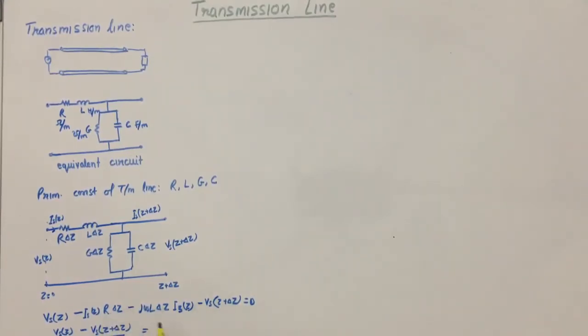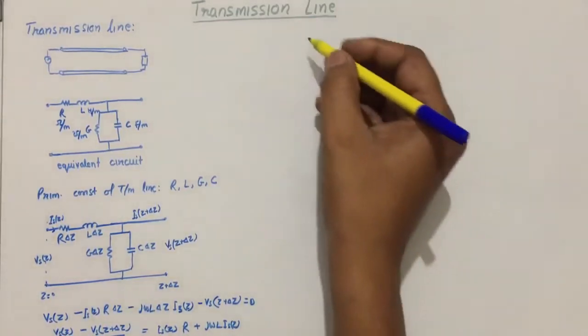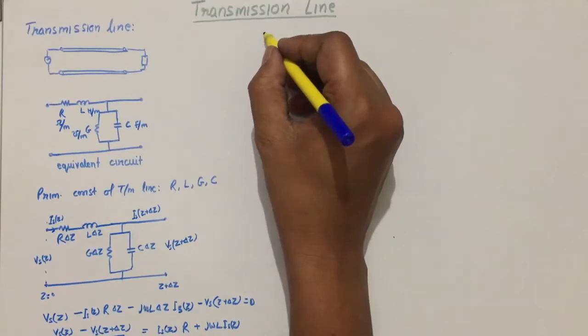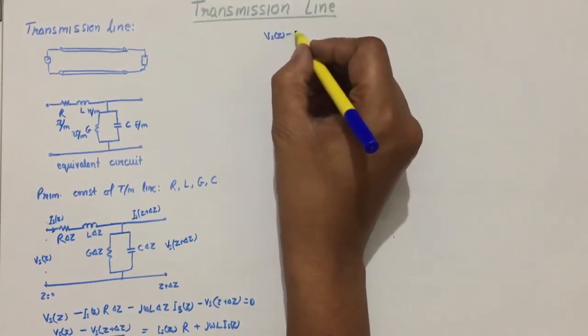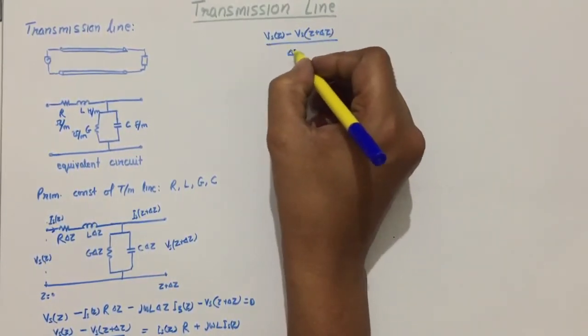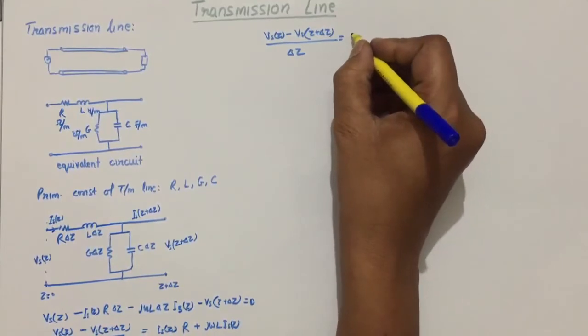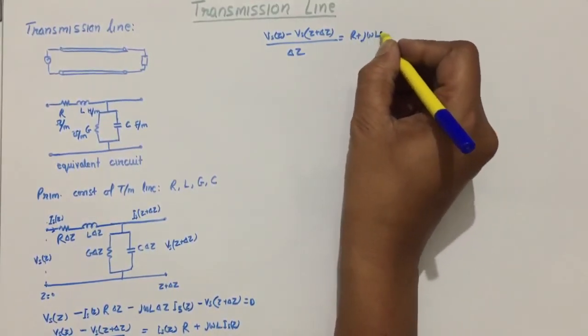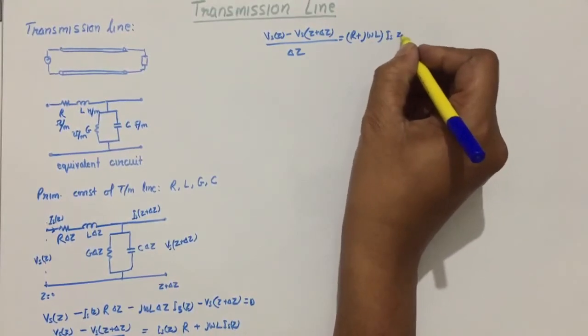If you bring it to the other side, then delta z we can bring here, and the remaining term will be Is(z) R plus j omega L Is(z). Here we find Is(z) is common, so we can write Vs(z) minus Vs(z plus delta z) divided by delta z will be equal to R plus j omega L multiplied with Is(z).